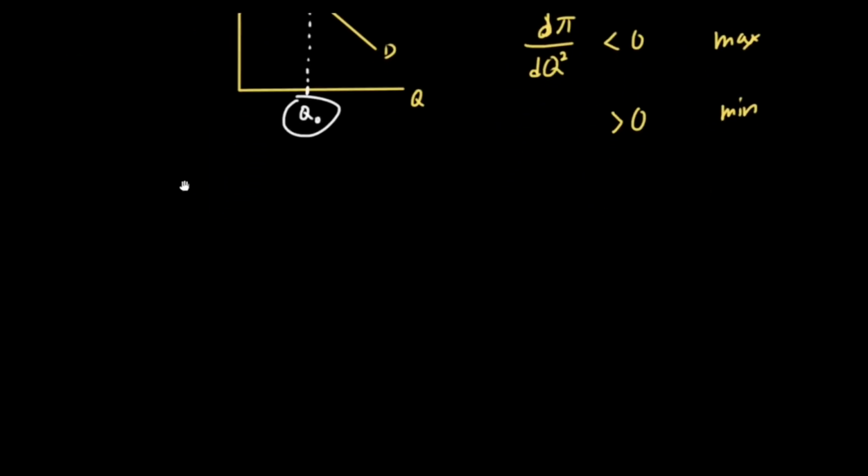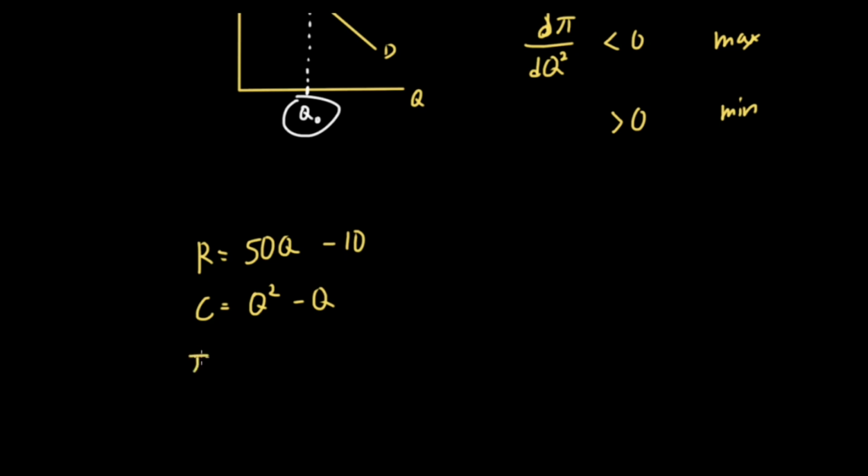If the firm has R equal to 50Q minus 10, and we have this cost which is equal to Q squared minus Q, then we now have this information to find our pi.